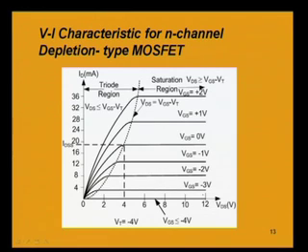Now, when we have gate to source voltage greater than threshold voltage, of course, it is still negative, but it is greater than the threshold voltage minus 4 volt. Suppose it is minus 3 volt, then current will be flowing and it will reach the saturation value at a voltage which is defined by Vgs minus Vt.